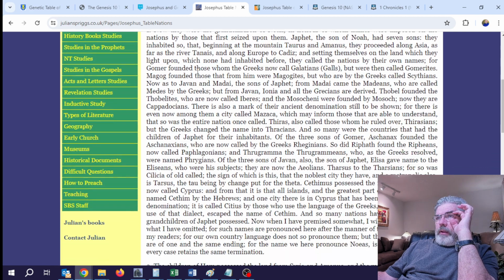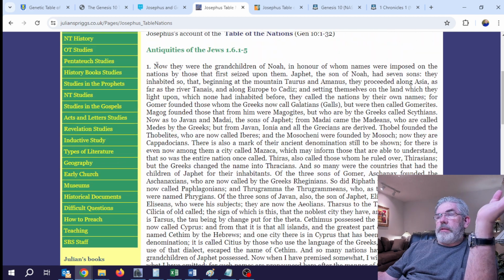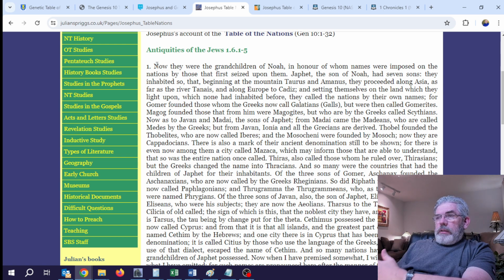And so here he tells us, Josephus, and he's 2,000 years before us, and so back at that time, 2,000 years ago, they still kind of knew, okay, this people group, it's these people who settled in this area geographically, and this people group is the ones who are this nation, and this people group is the ones who are this nation. So Josephus really was our primary source for knowing which name went with which nation, etc. And so fascinating stuff.